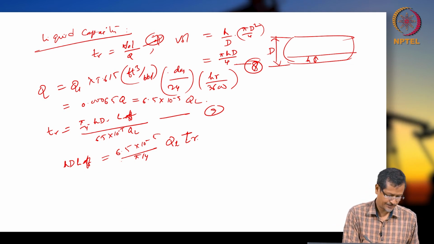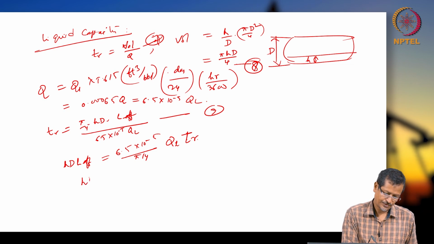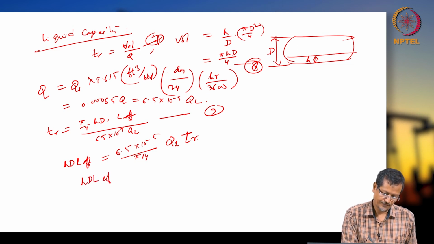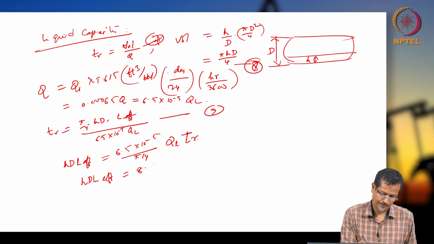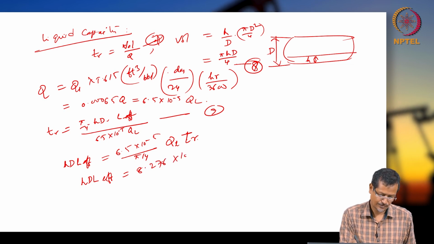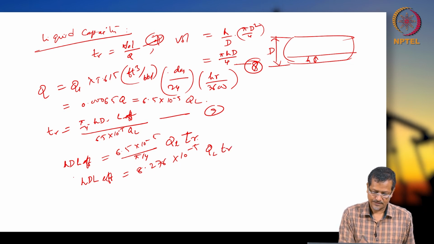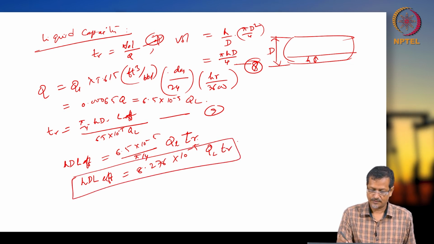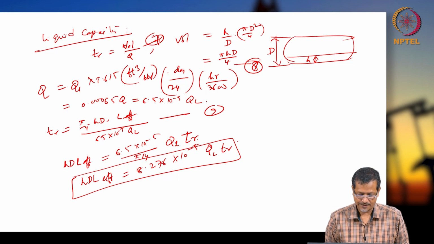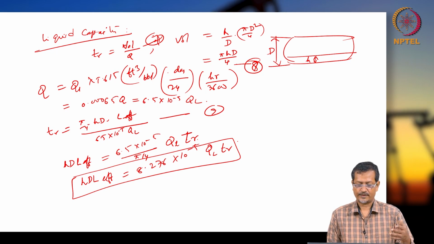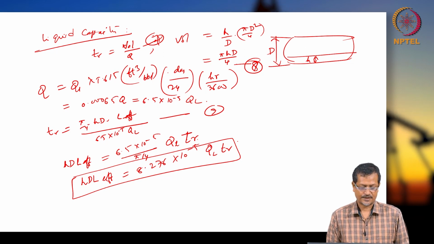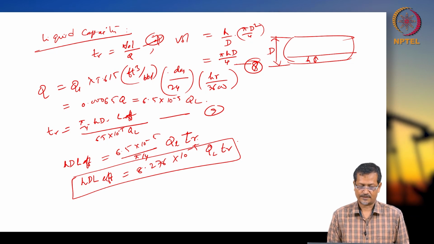So this is my formula: H D squared effective length equals 8.276 into 10 power minus 5 QL Tr. Okay, so approximately we have derived this one, and if I give any problems using this formula, you can try to calculate the effective length and diameter.